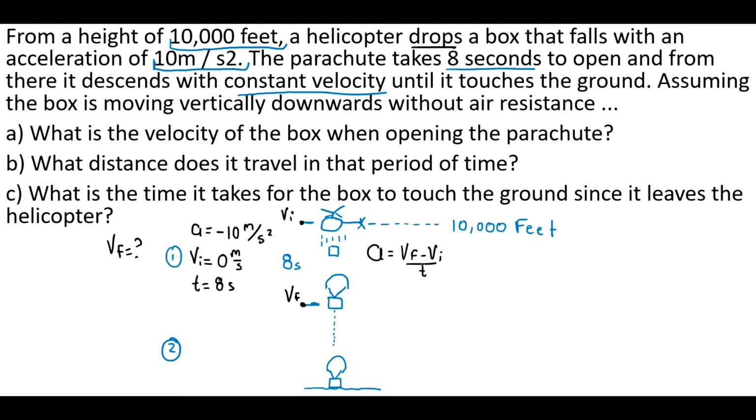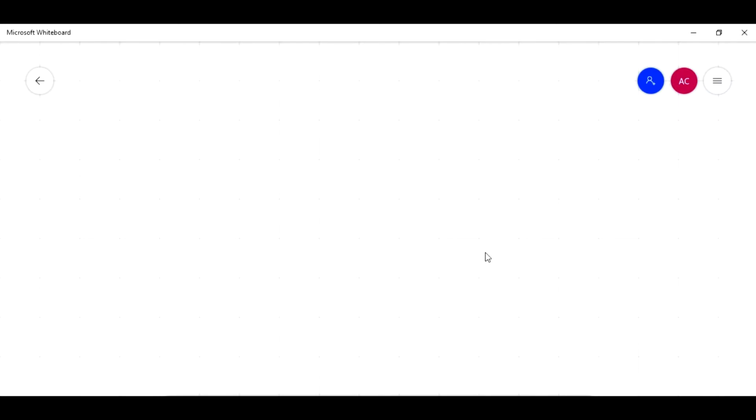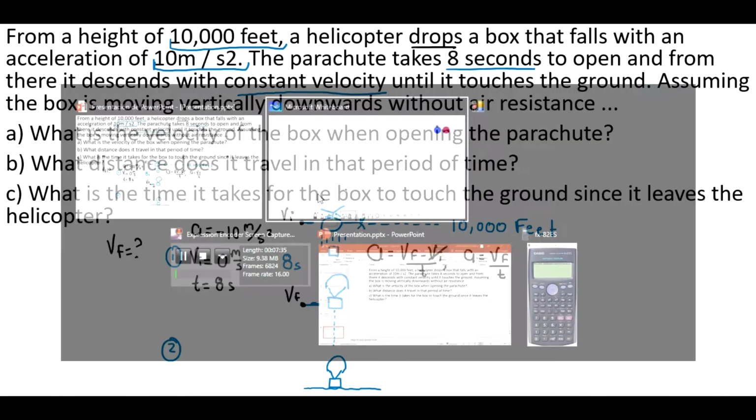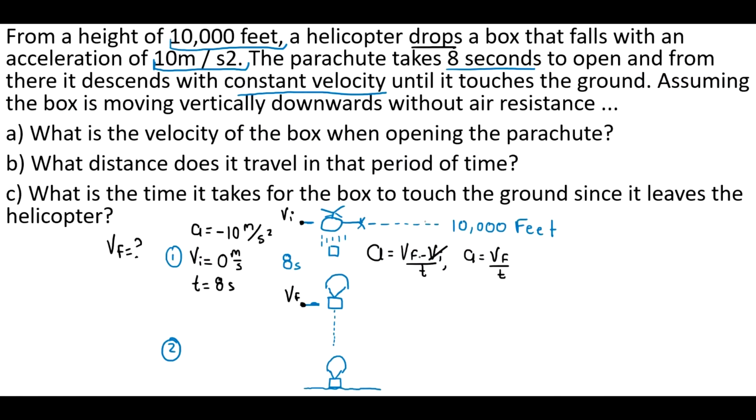From this equation, I'm going to find the value of final velocity, but I already got the value of initial velocity, that is 0. So I'm gonna cancel it. So acceleration equals final velocity over time. Okay, but I'm gonna do the operations over here because to me it's easier to write and to change the colors and to erase something.